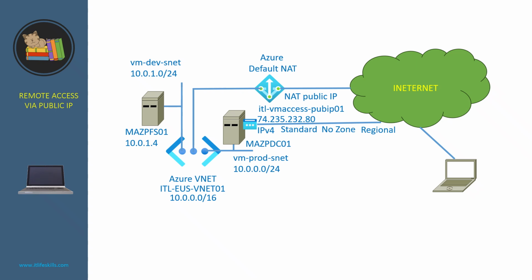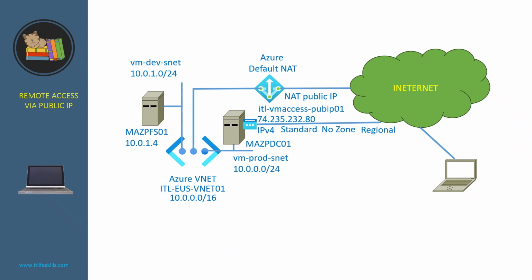Let's analyze this network diagram to see how we can use a public IP address to allow remote access to a VM in Azure. As you can see in this diagram, we attach the public IP address pubip01 to mazpdc01, which means mazpdc01 is directly connected to the internet.